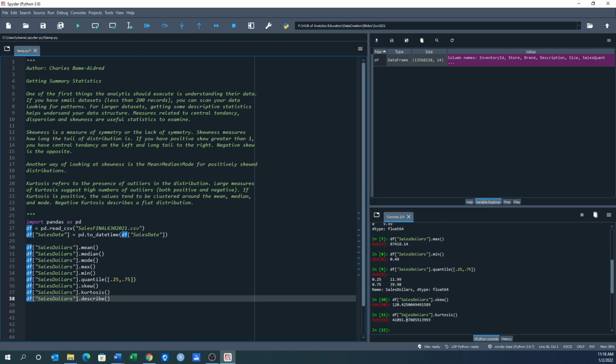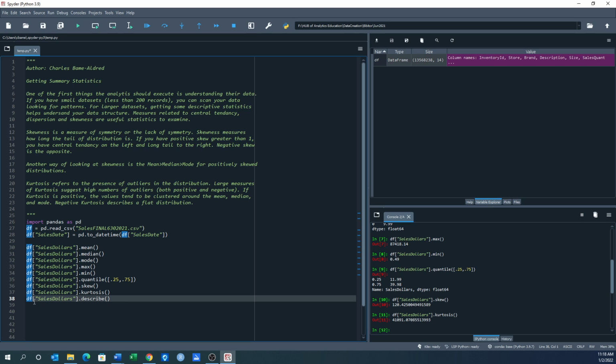My kurtosis, that is an enormous kurtosis, right? So there's a large number of outliers, and most of those outliers are probably to the right side. All right, so it's pretty big.